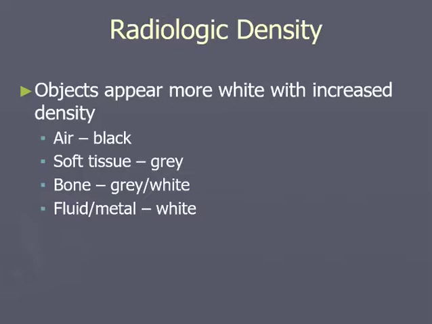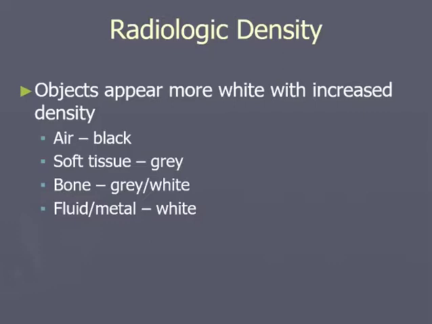Now, x-rays are different from light in that the energy can actually go through solid objects, at differing amounts. The more dense the object, the more x-rays that object will absorb.